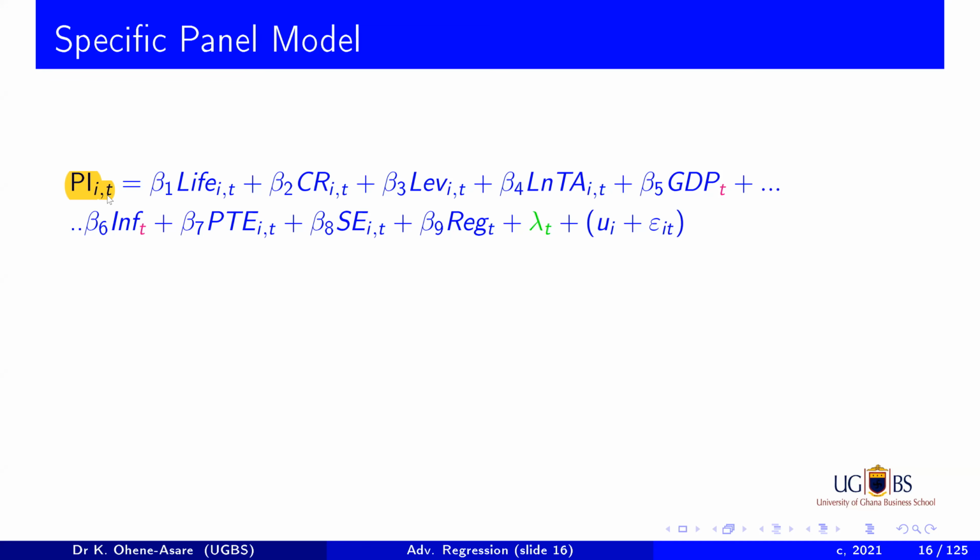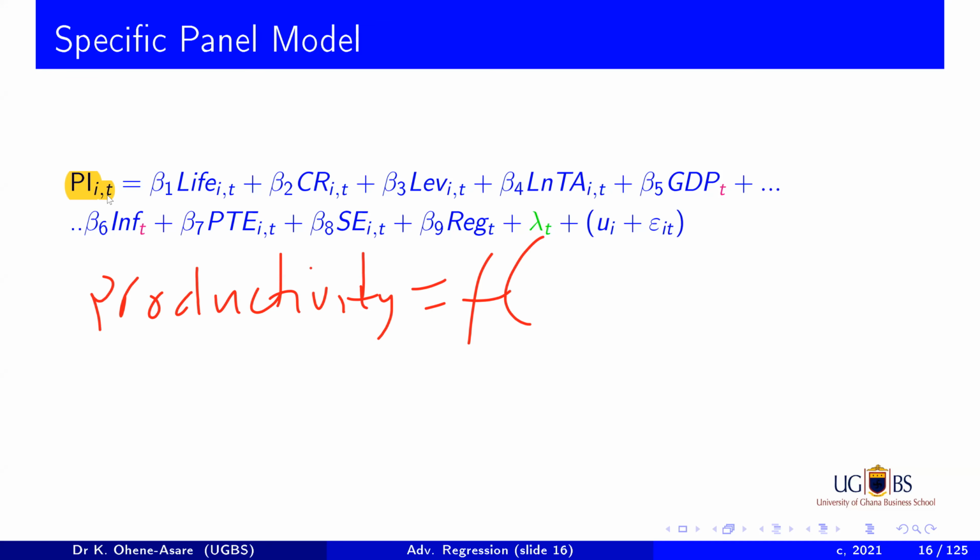So the productivity is a function of the following. The first one is, this is an insurance company, by the way, and we say that it depends on whether the insurance company is life or non-life.